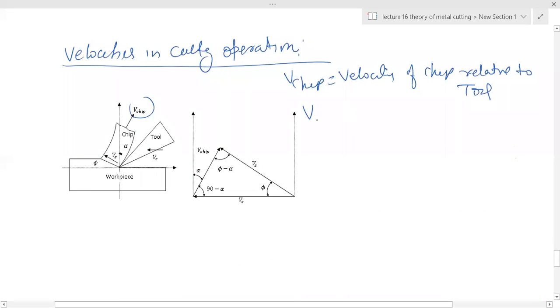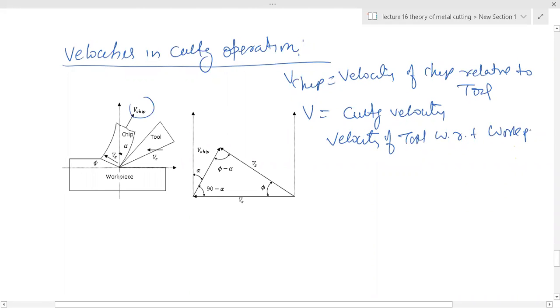And then you have V, the cutting velocity or machining speed. Cutting velocity is the velocity of the tool with respect to the workpiece, and that is parallel to cutting force.